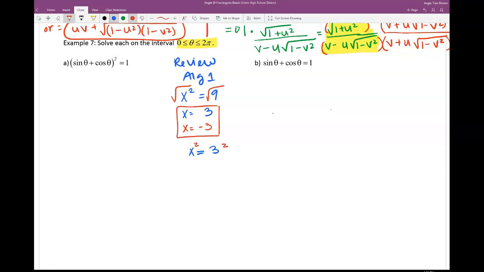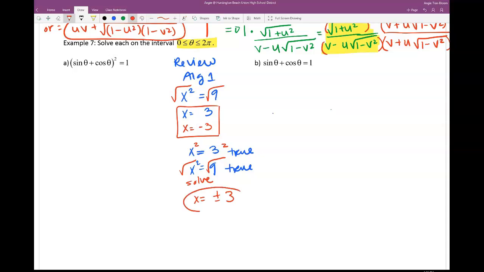Then would you agree that this is x squared equals 9? That is true, right? It's true and true. But I would like for you to solve from here. When you take a square root, there are two of them.